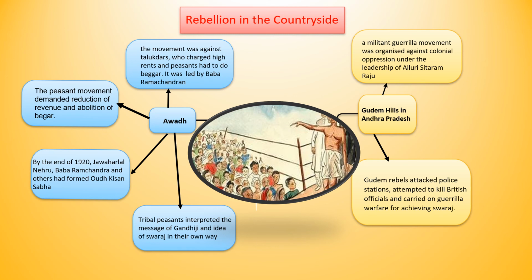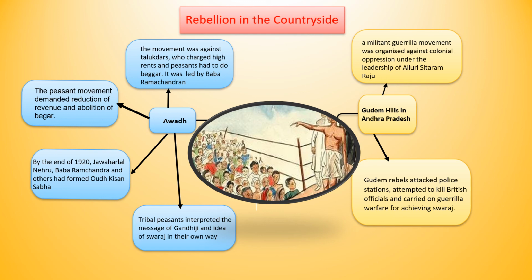Rebels attacked police stations, attempted to kill the police, and carried out guerrilla warfare for achieving Swaraj. When Mahatma Gandhi came to know about this, he also called off the non-cooperation movement in Gudem Hills in Andhra Pradesh.